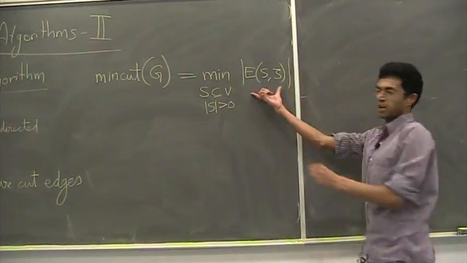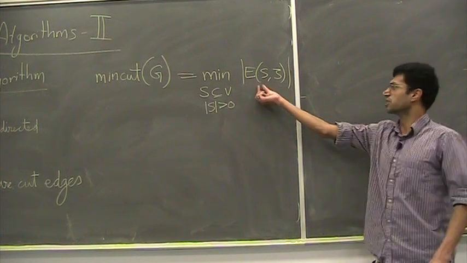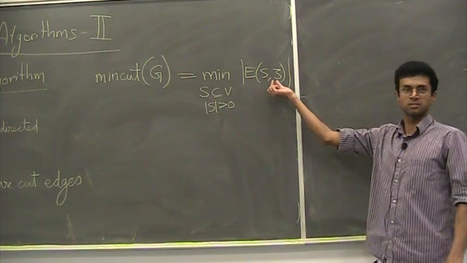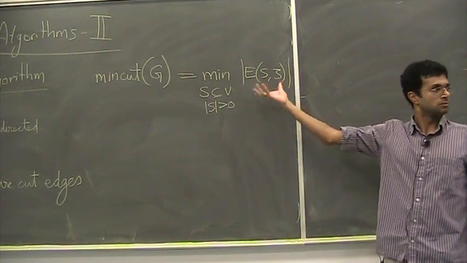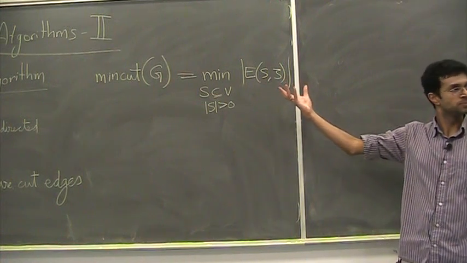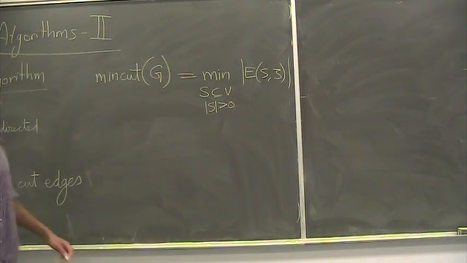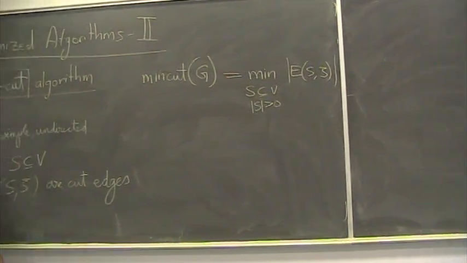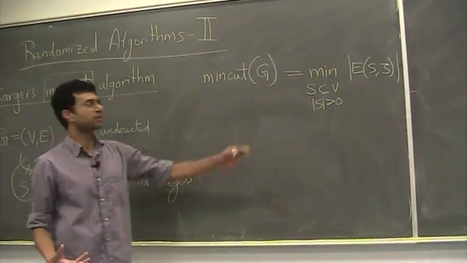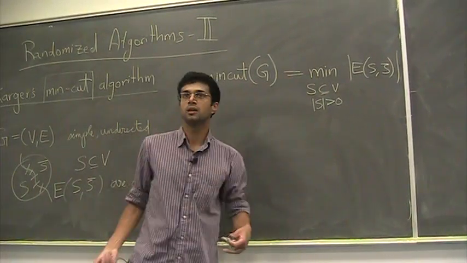I'm using the absolute value notation for the cardinality of that set. Does that make sense? So the algorithmic problem is you're given a graph and you want to find the min cut value, and you want to actually find an S and S complement that give you that cut.